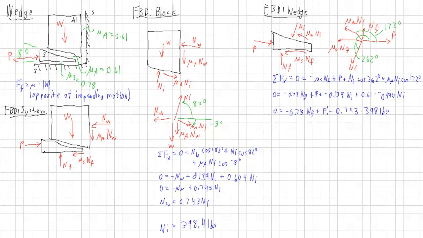And we can solve for either NF or P. In this situation, I'll just solve it for P. So P equals, so bring P over the other side, multiply everything through by a minus sign. 0.78 NF, and this evaluates out to 296 pounds.